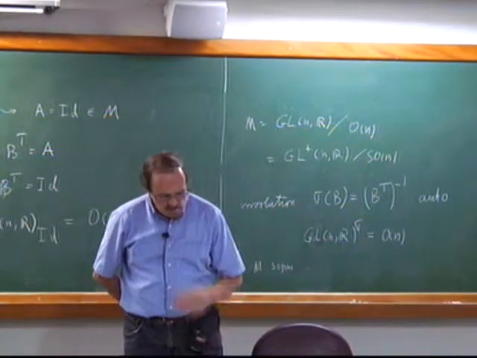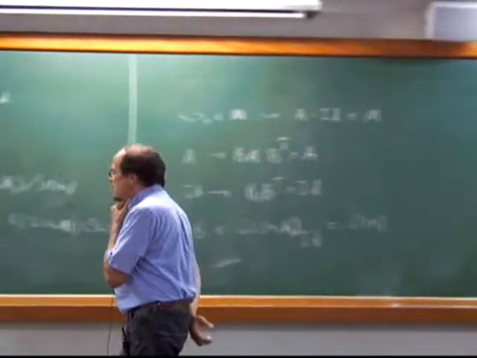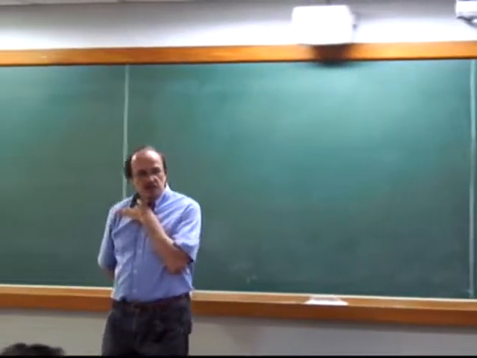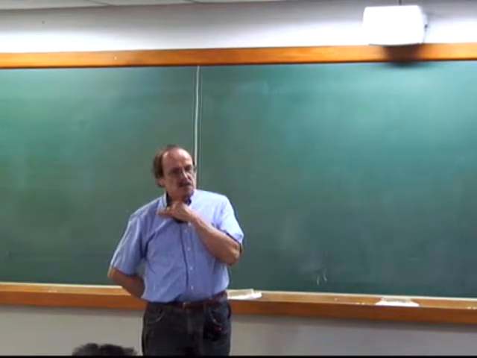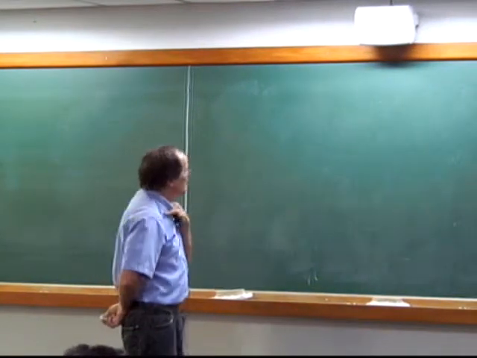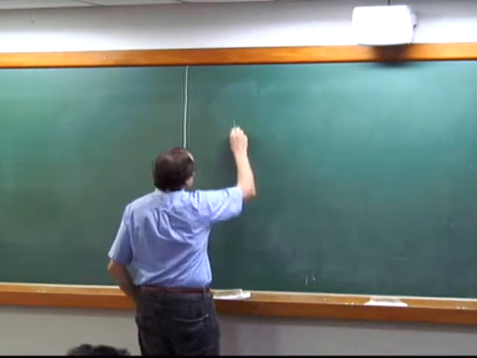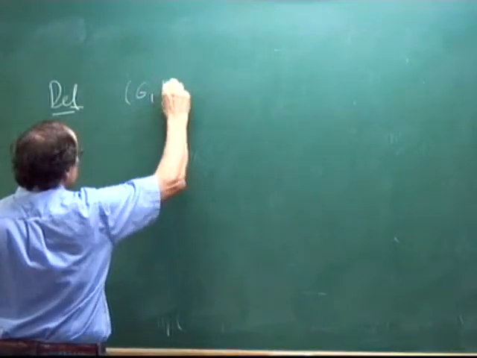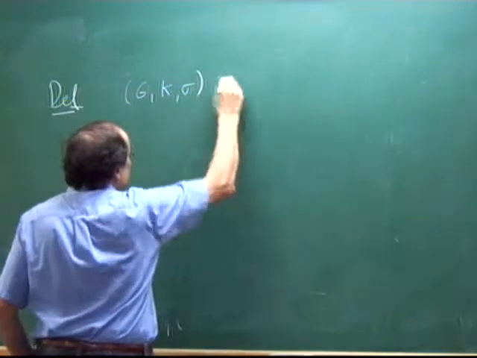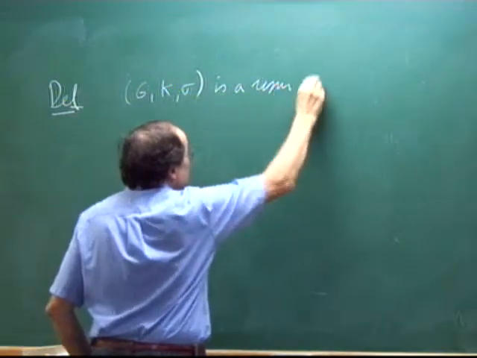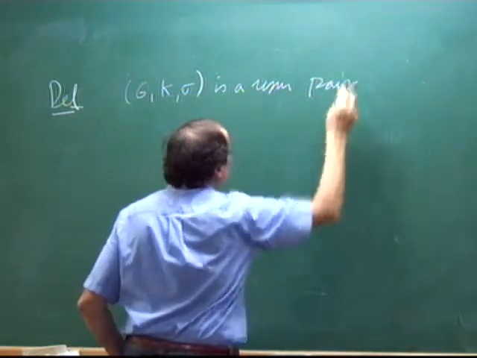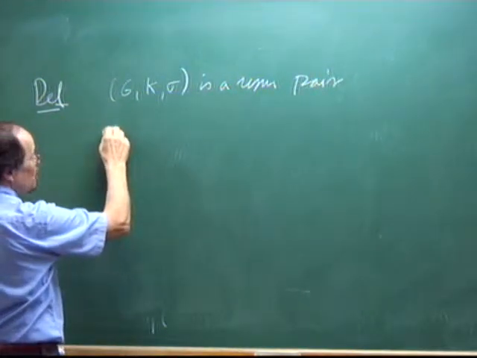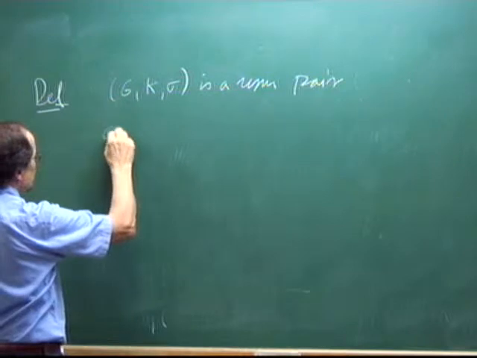Okay, first let me make an important difference between what we call a symmetric space and what I want to call a symmetric pair. So let me define a symmetric pair. A triple (G, K, sigma) is a symmetric pair if all these things that we required are satisfied. I just want to formalize it into a name.